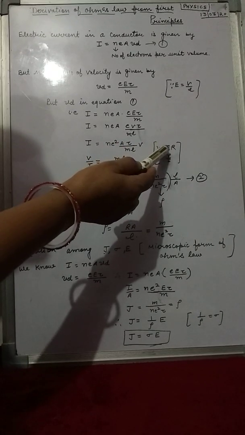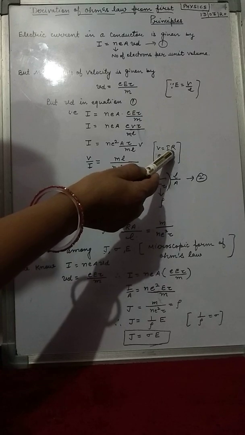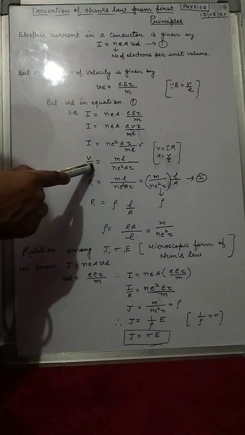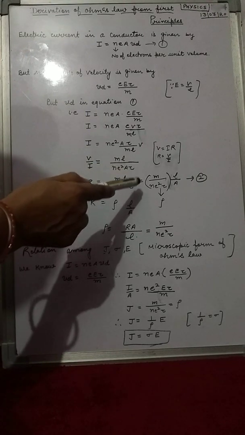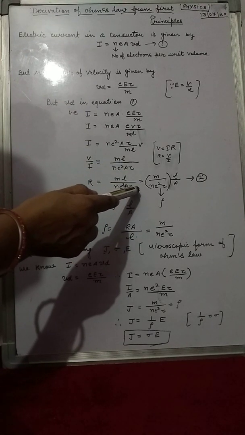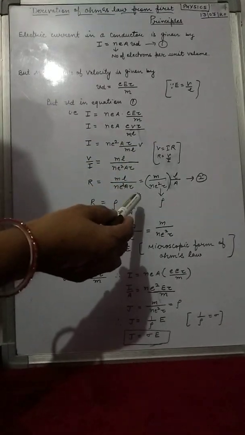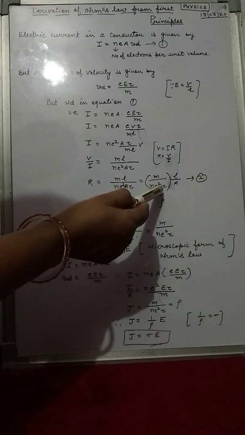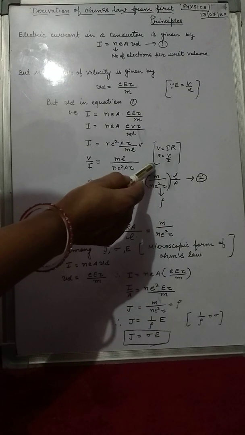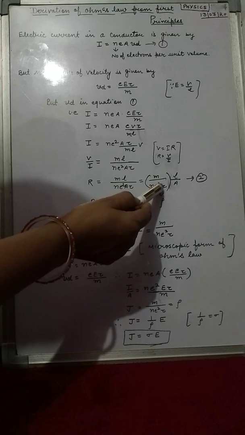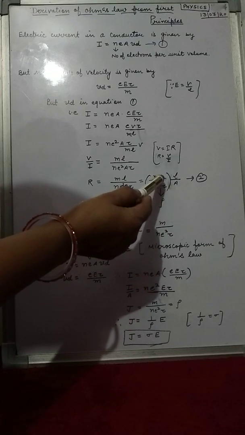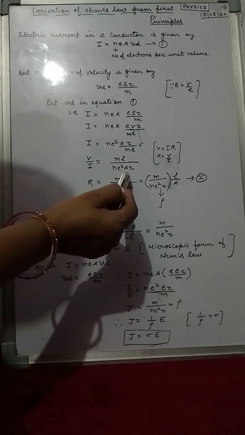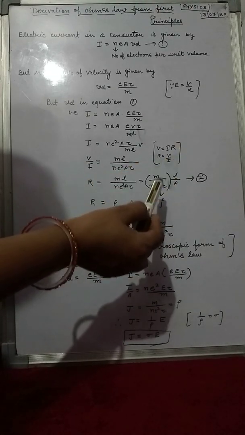According to Ohm's law, V = IR, so from here R = V/I. So R = mL upon ne²Aτ. Now again we will rewrite this equation: m/ne²τ is a constant and we write it as ρ, multiplied by L/A.